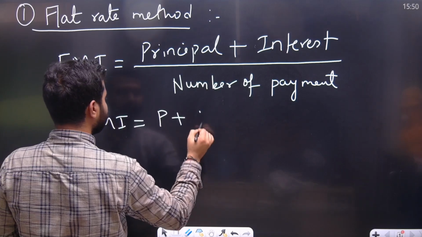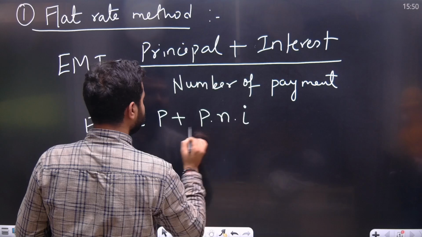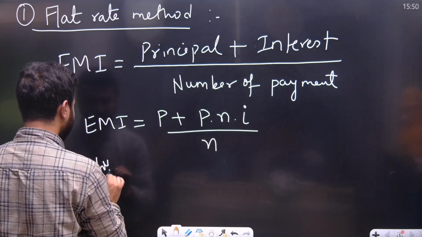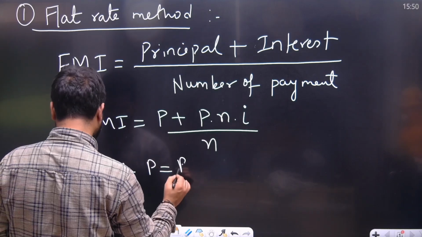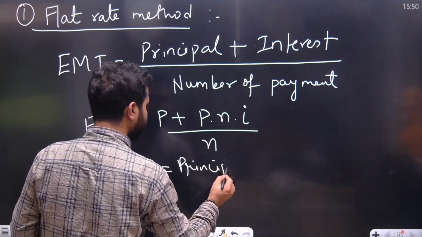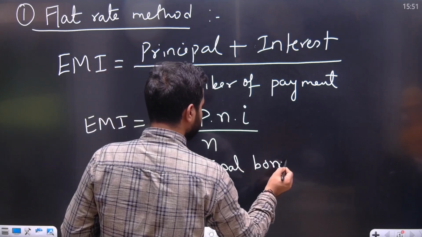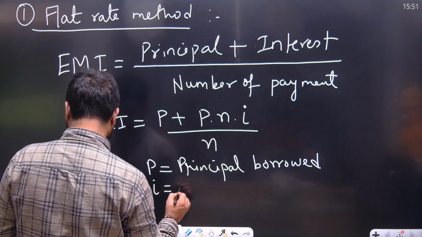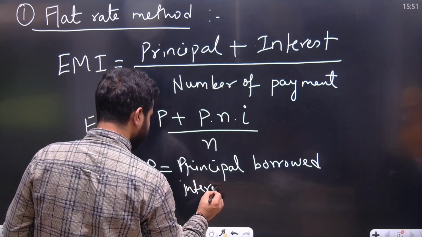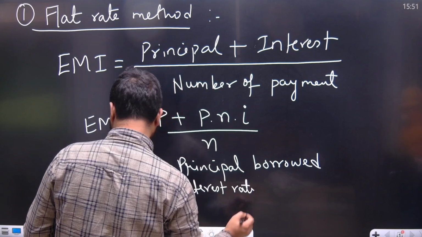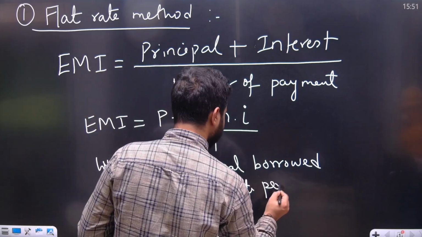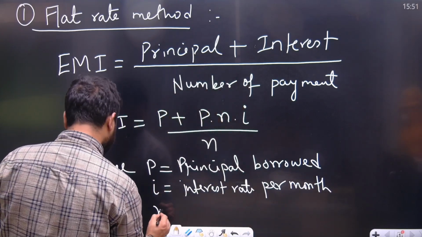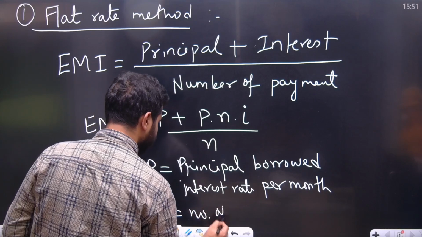Or you can also say EMI is equals to P plus P into N into I divided by N, where P is your principal borrowed, I is interest rate per month, and N is your number of payments.